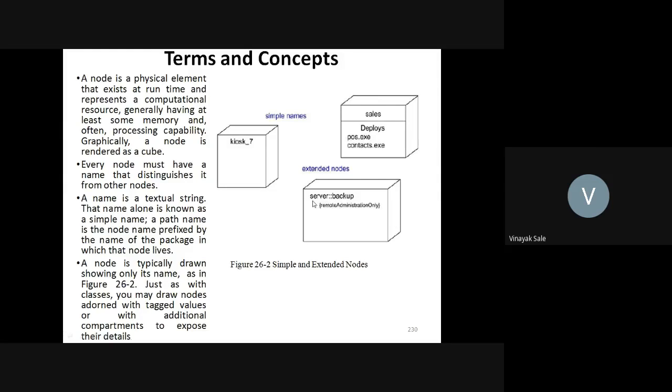Here the package name is server, then the scope resolution, and then the name of the node. This is a path name, server::backup. This is an extended node. A node is typically drawn with only its name, like a class. You may also draw nodes with tagged values or with additional components to expose their details.